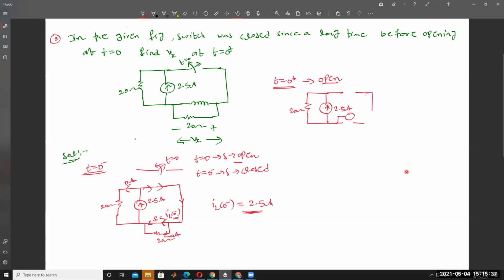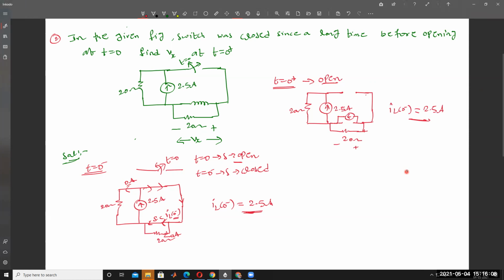So the resistor is connected across this. Initially current IL of 0 minus is equal to 2.5 amps. That's why it acts as a source.